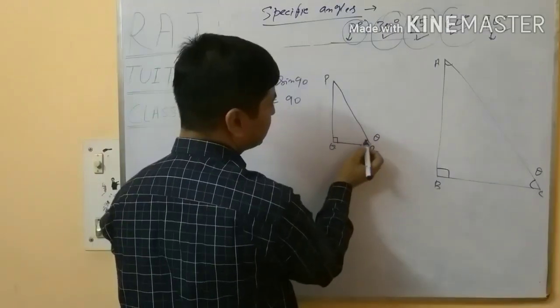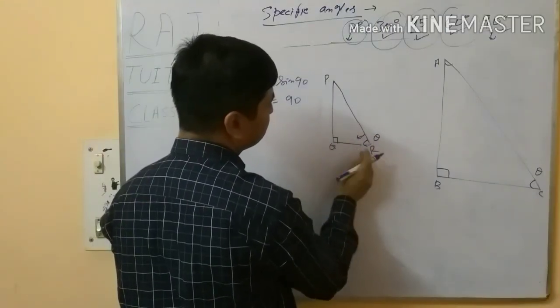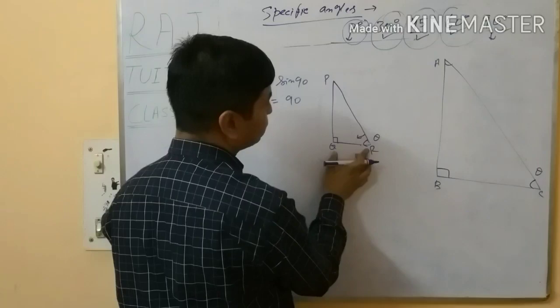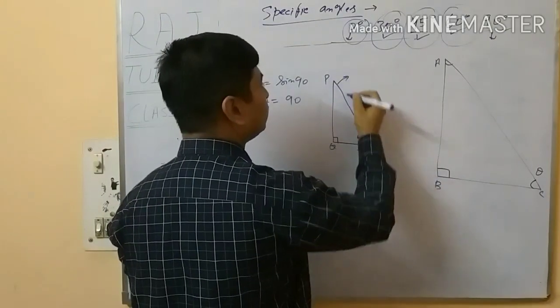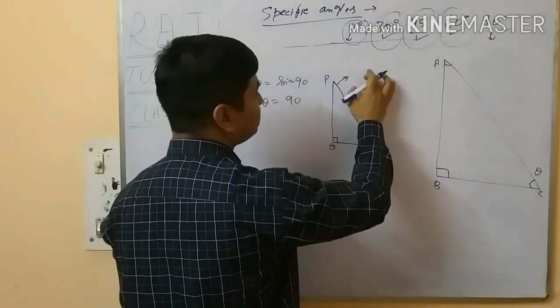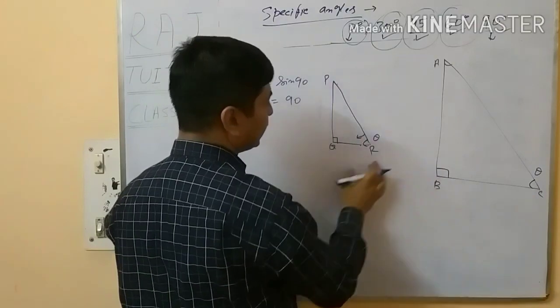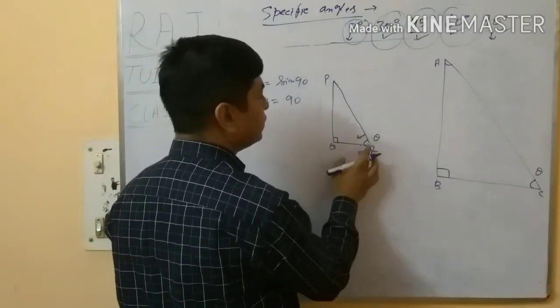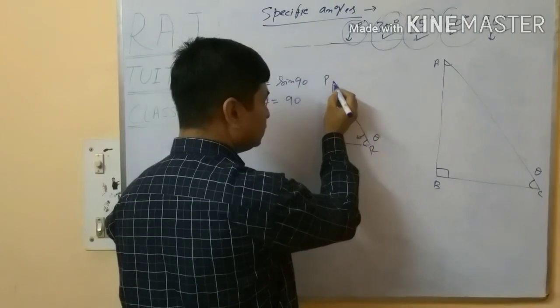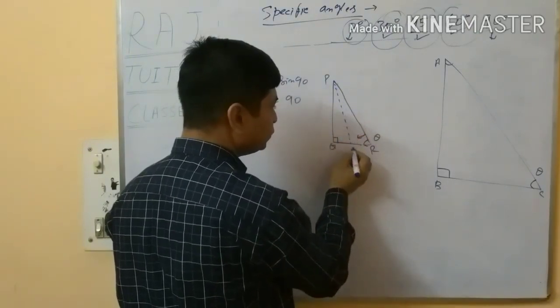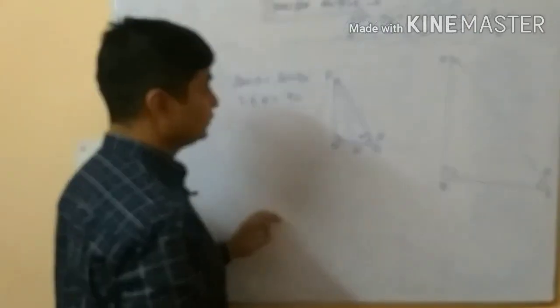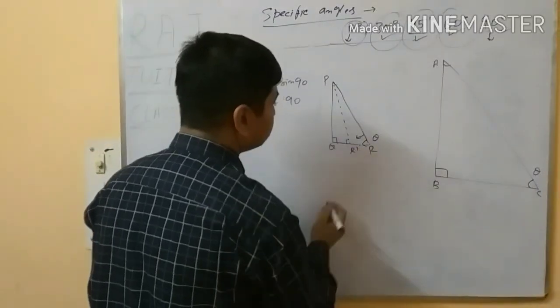I can rotate this line clockwise from this point, not from that point. I will not shift P, rather I will shift R. If I shift R to the newer position R dash, this angle will enlarge.